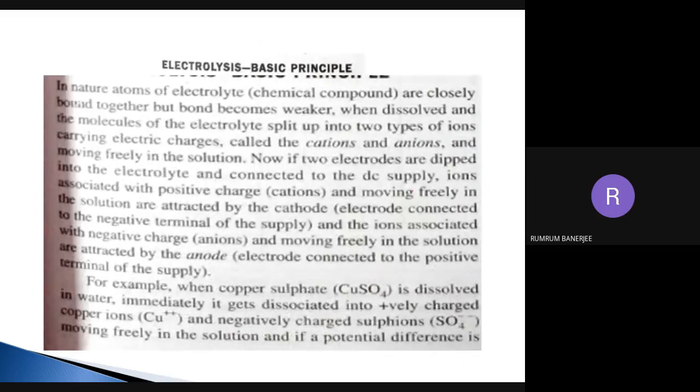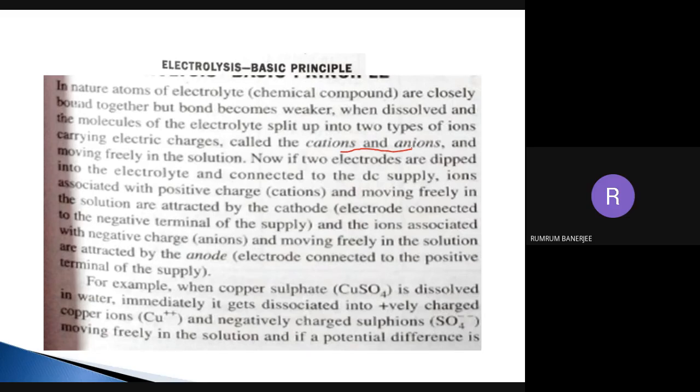Let us see the basic principle of electrolysis. In nature, atoms of an electrolyte chemical compound are closely bound together, but the bond becomes weaker when dissolved, and the molecules of the electrolyte split up into two types of ions carrying electric charges, called cations and anions, moving freely in the solution.